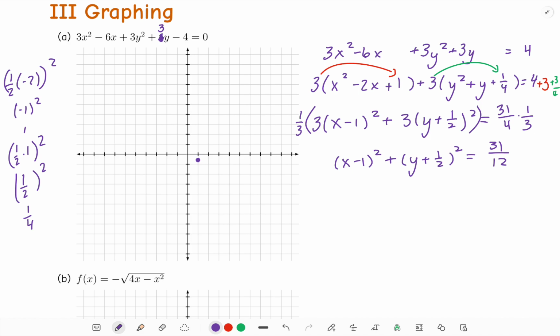Now this does get a little tricky because I do not know what 31/12 is. So I go to my calculator. And that's approximately 2.6.